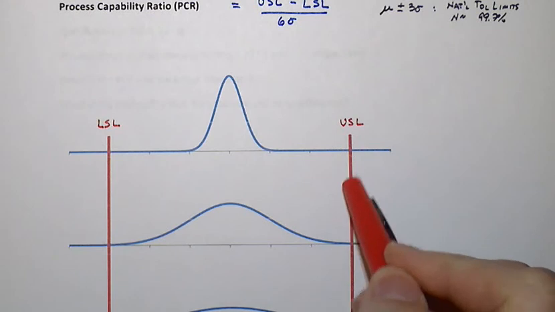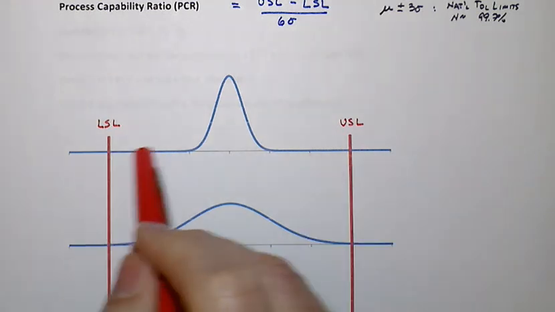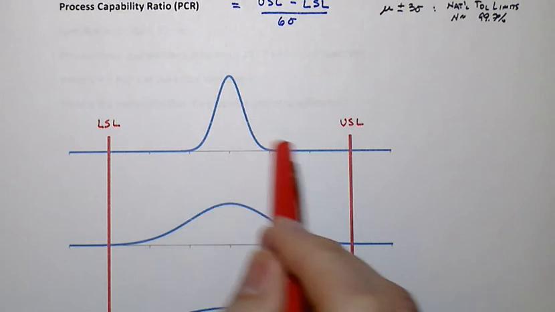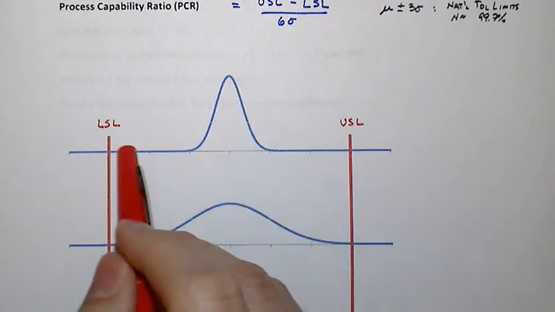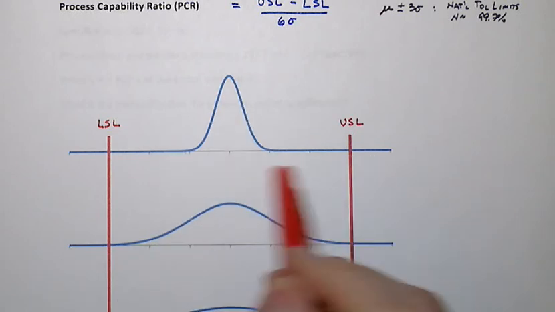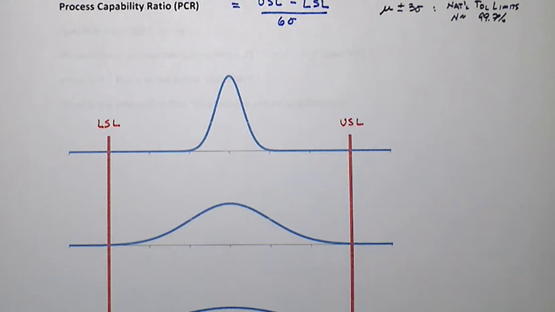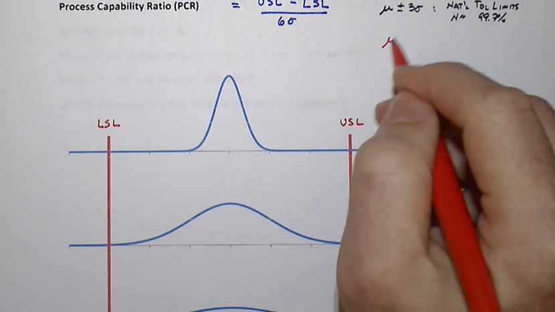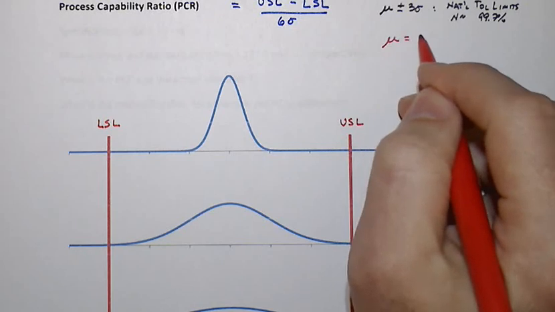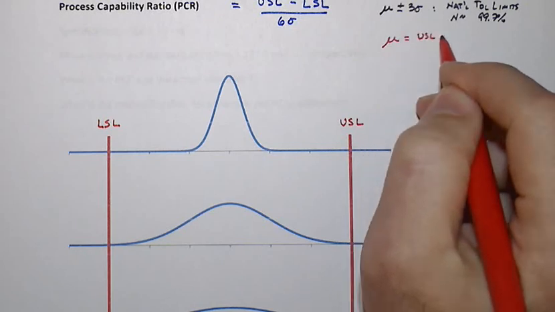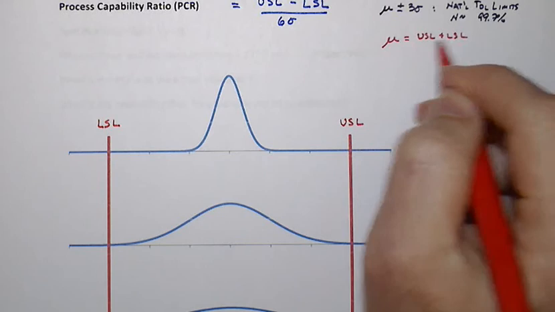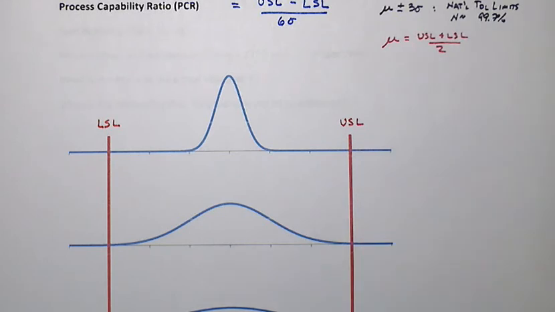Okay, so here we have our process distribution, and here are 2 particular limits. And for now we're going to assume that our mean is centered on the 2 limits, so that the mean is basically the average of those 2 in this initial view.